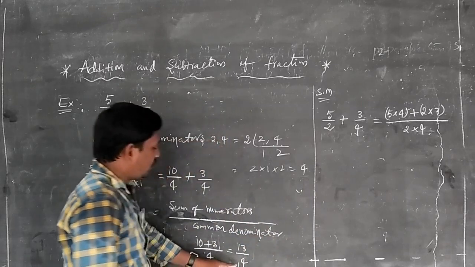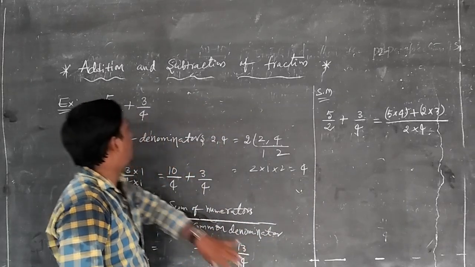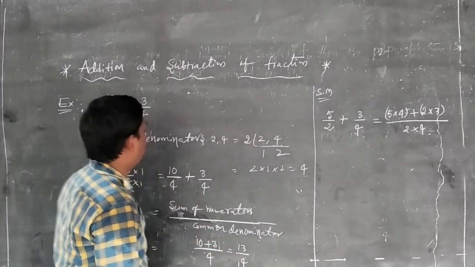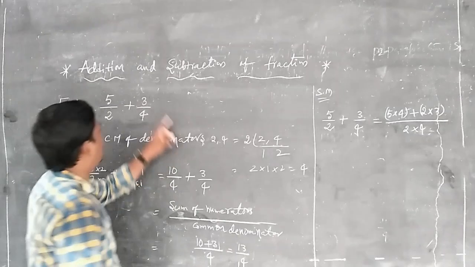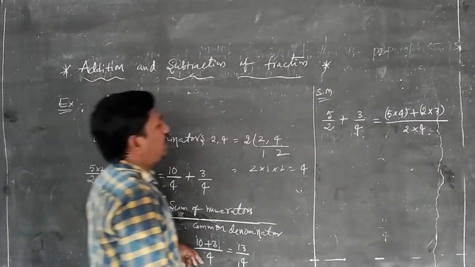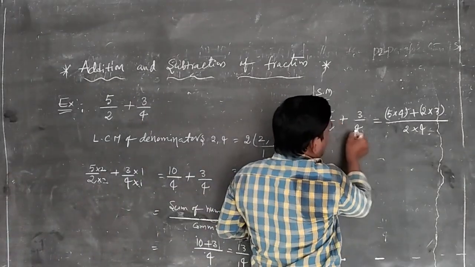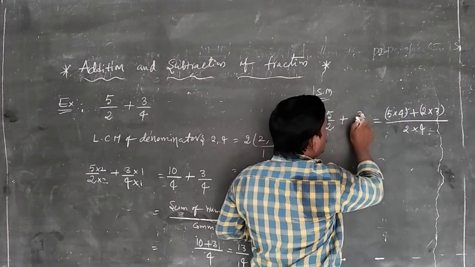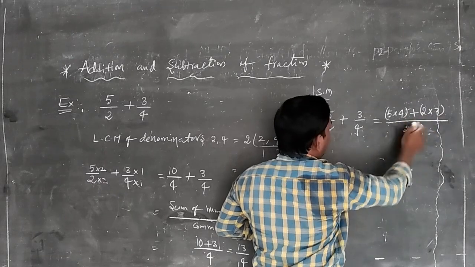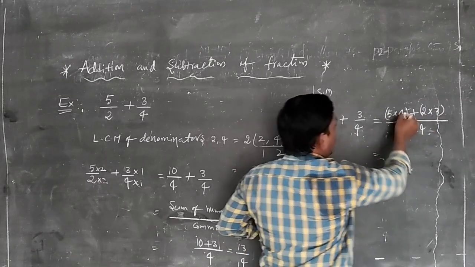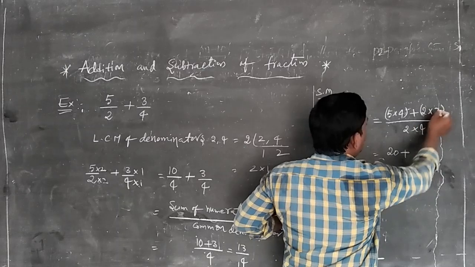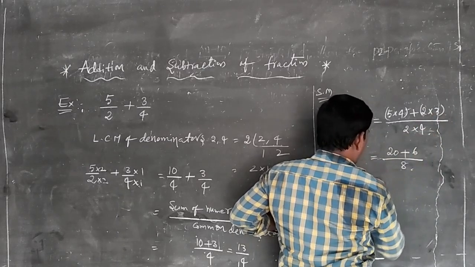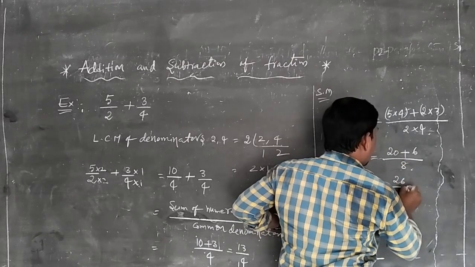We got 13 by 4 as the answer for both fractions. 5 4s are 20, 2 3s are 6, by 2 4s are 8. That is 26 by 8.